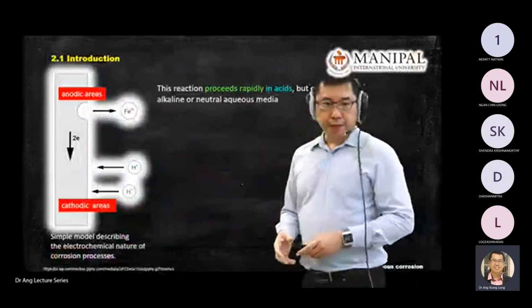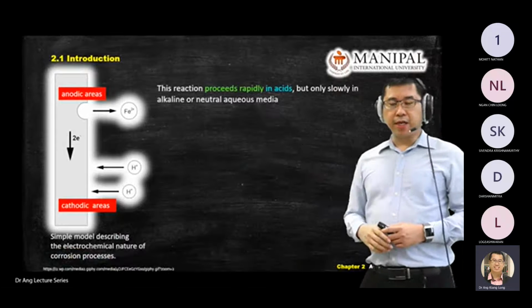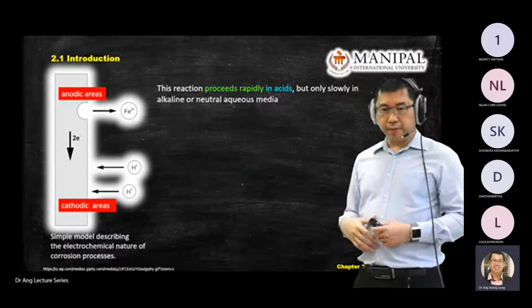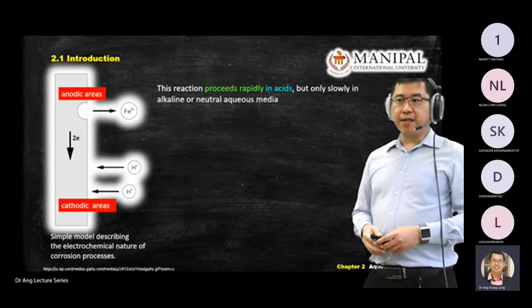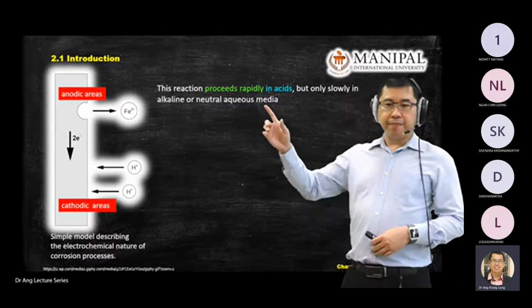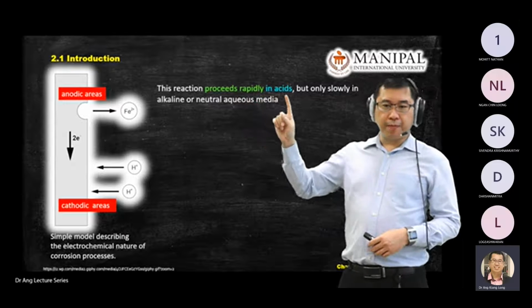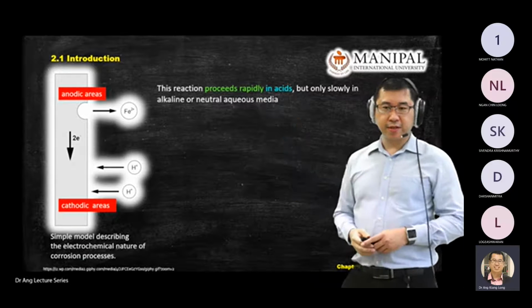All right, let's continue. Just now we dipped our metal in water. Another case is an acidic solution, which still falls under the aqueous category. But what happens if we dip metal into acid?